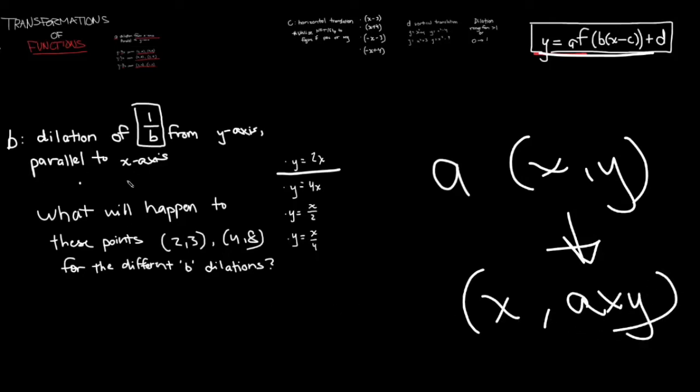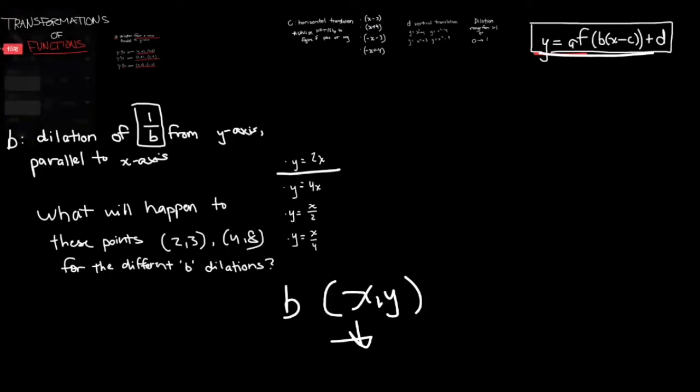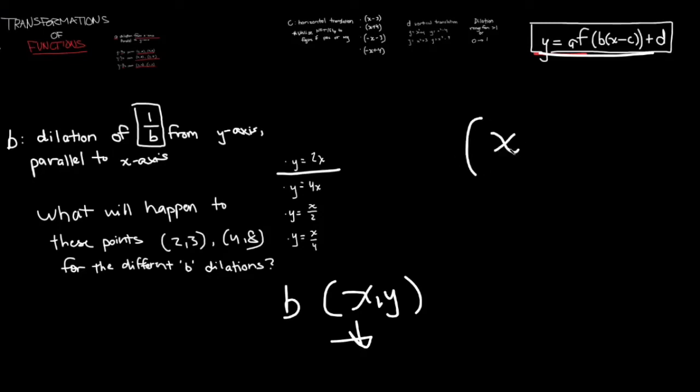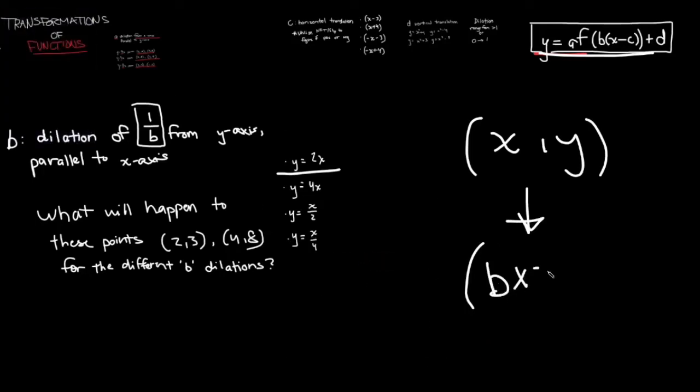So if it's parallel to the x-axis this time, that means that the coordinates of x and y will now be changed into, guess what, bx and y, because since it affects the x-axis because it's parallel to it, that causes the x and y to change over to (bx, y).